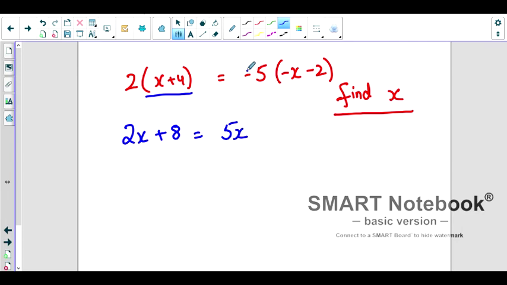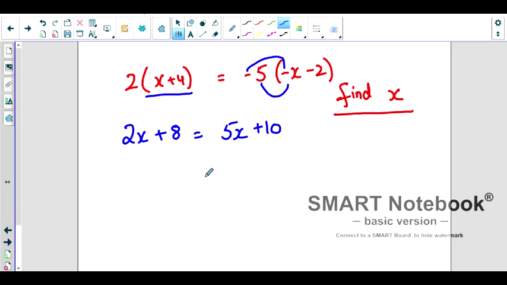Why? Sign is multiplied with sign, constant with constant, variable with variable. So negative into negative is positive, 5 into 1 is 5, and x times nothing is x. Here negative will become positive, 5 2s are 10.